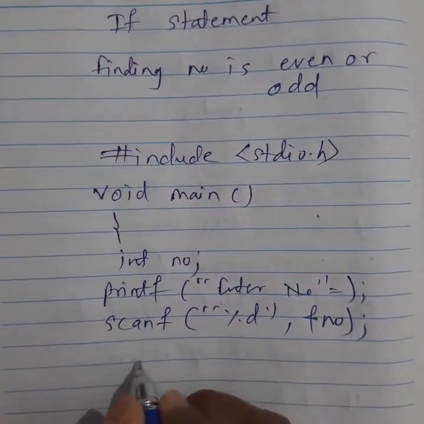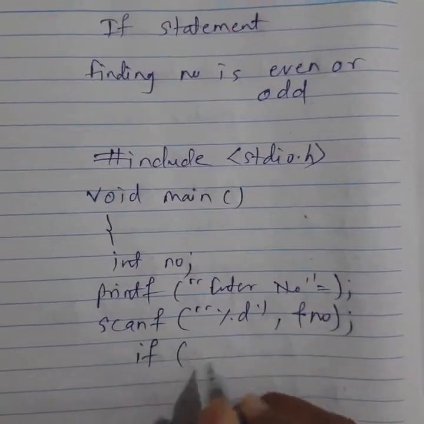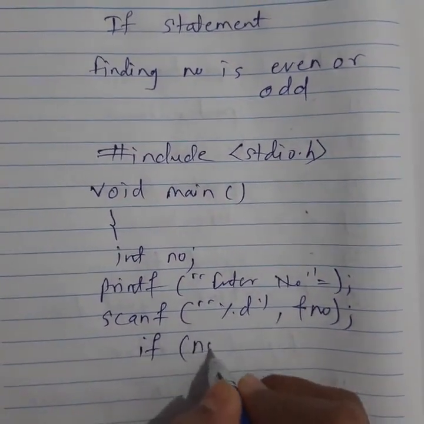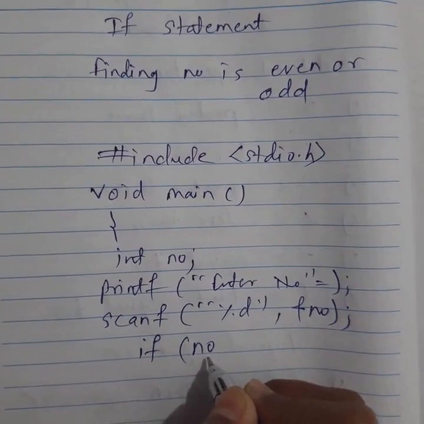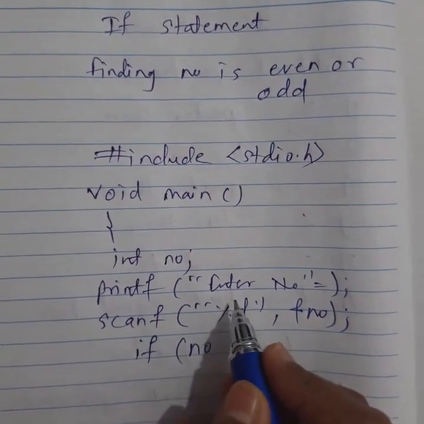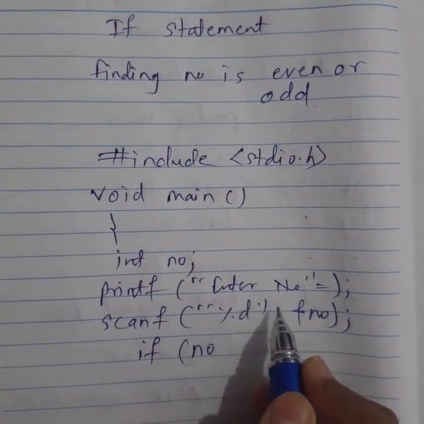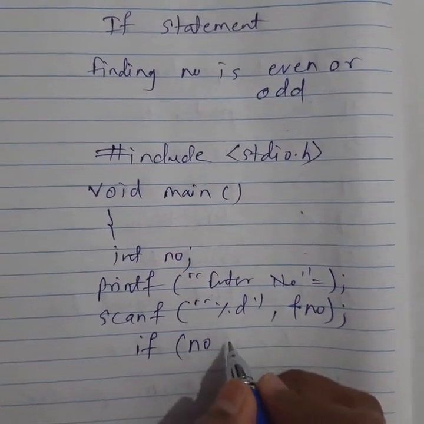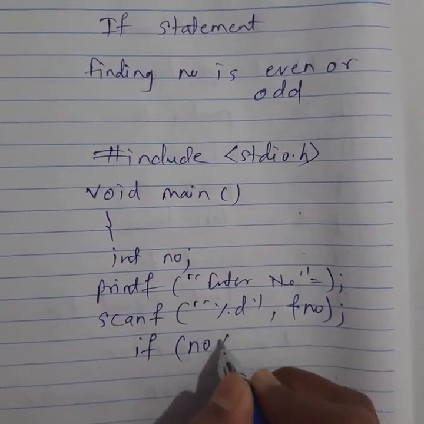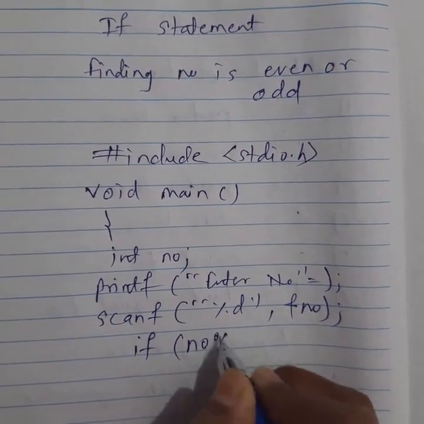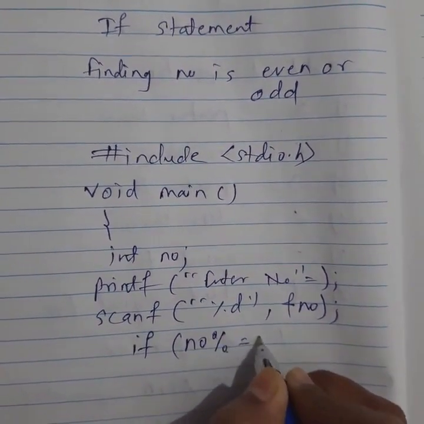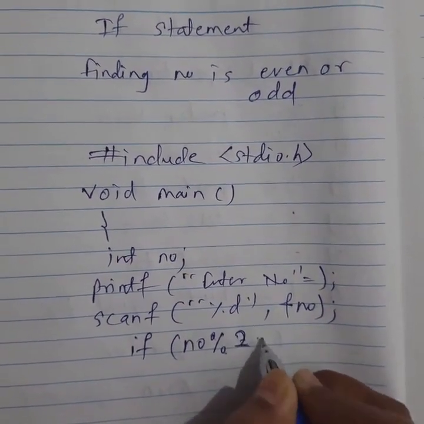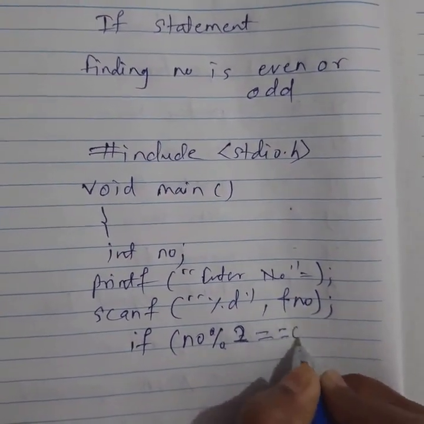Here the main logic is the if statement. The if keyword is used here, and the number we enter will come in the number variable. Number mod 2, here we use the modulus sign, divided by 2, equal to 0.